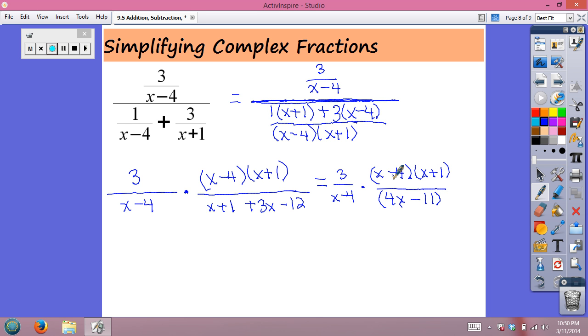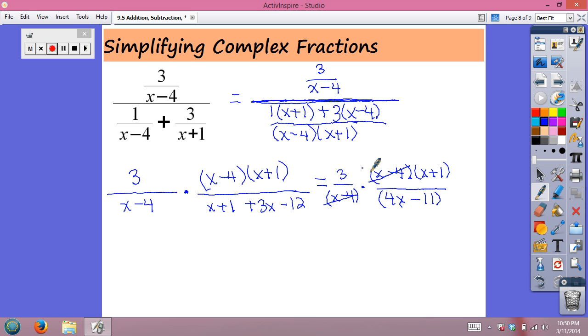So then we can look at what do we have in common in our numerators and denominators that can be canceled. And we know that we have an x minus 4 in both the numerator and the denominator here. So we can cancel those expressions out of the fraction.